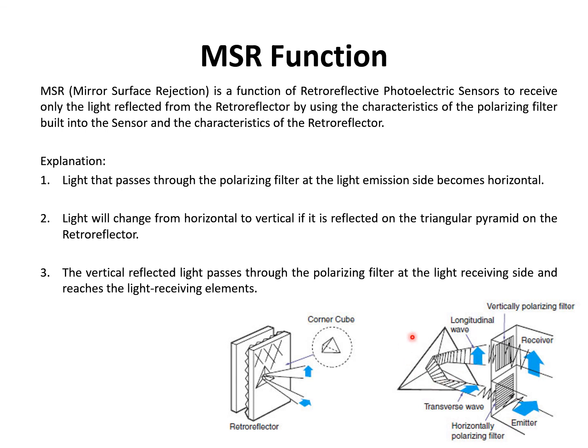So why should we use this MSR function? If we use a normal mirror, or if we don't use these types of filters at the emitter and receiver, then the light could be reflected by any shiny object and those objects cannot be detected.